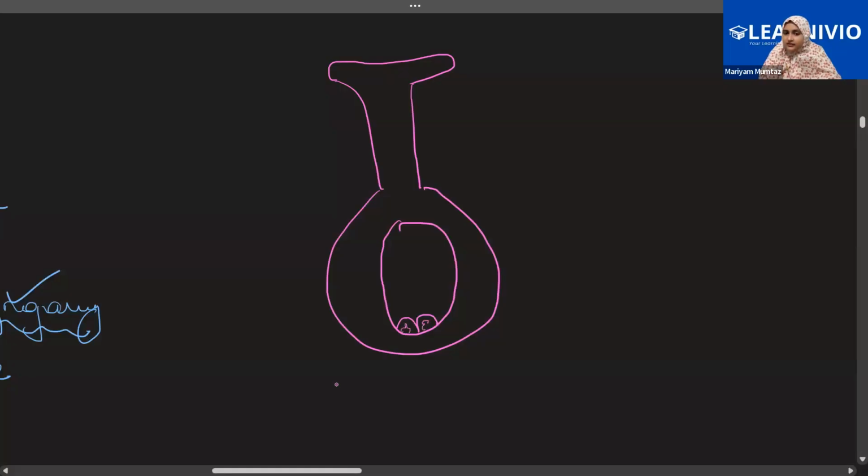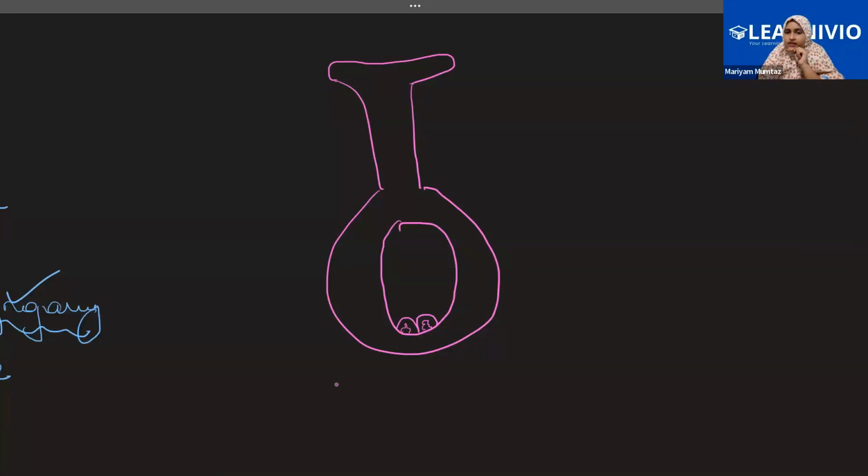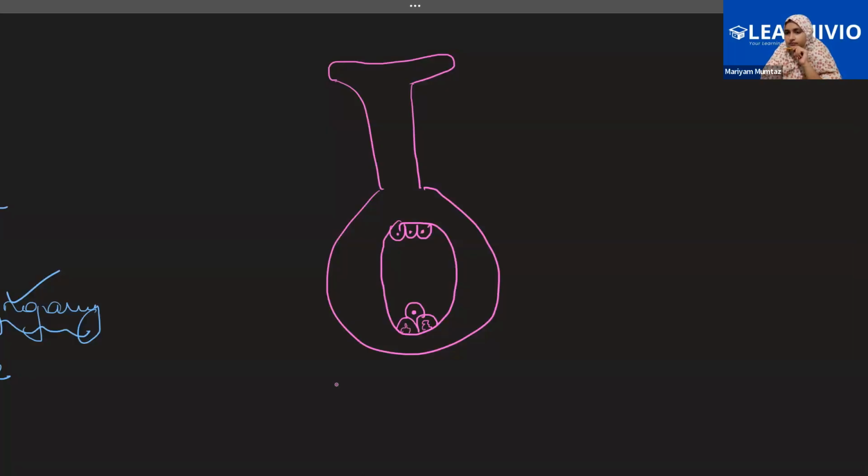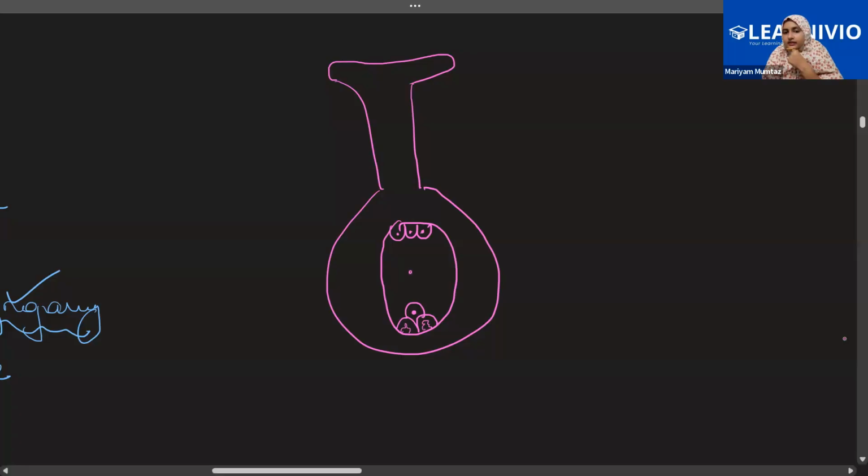So they are known as synergids. And then there is the egg cell, right? Excellent. And here, what are the three cells here? These three cells are antipodal cells. And in the middle, there are the polar nuclei.